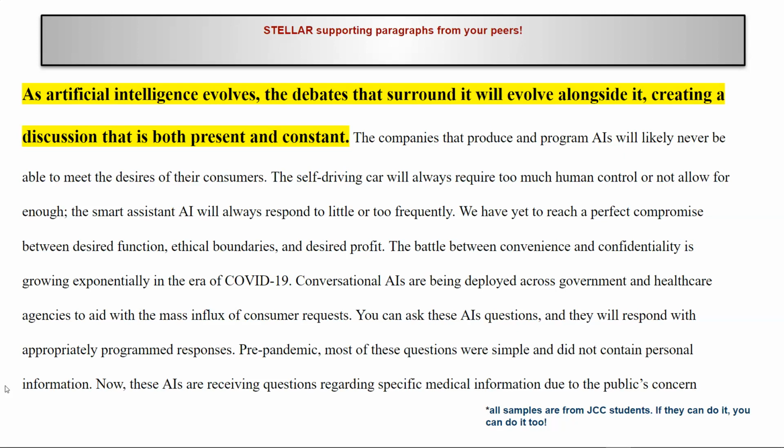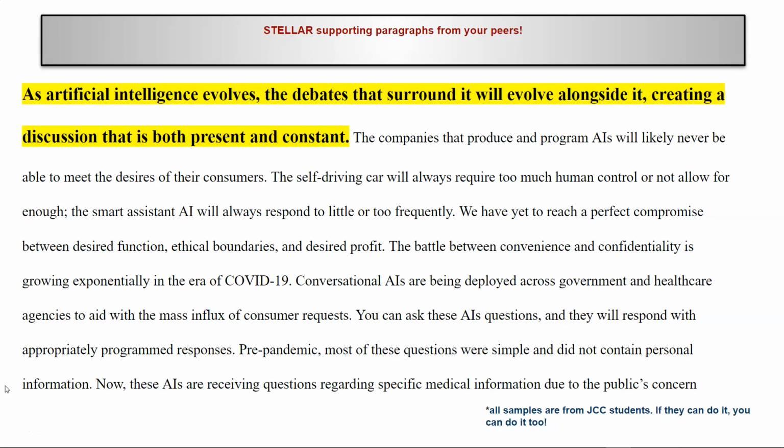So they present an example here and supporting details. Another example that they come up with is the battle between convenience and confidentiality is growing exponentially in the era of COVID-19. So they are considering recent events happening as well. So conversational AIs are being deployed across government and healthcare agencies to aid with the mass influx of consumer requests.